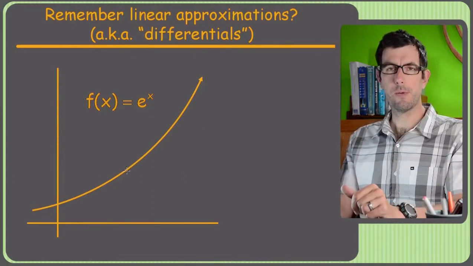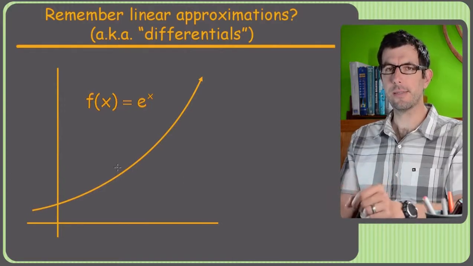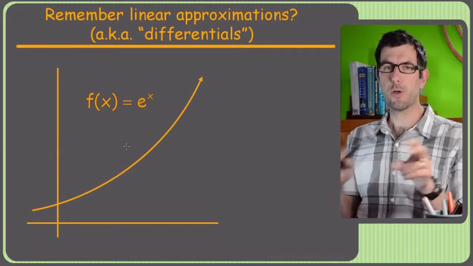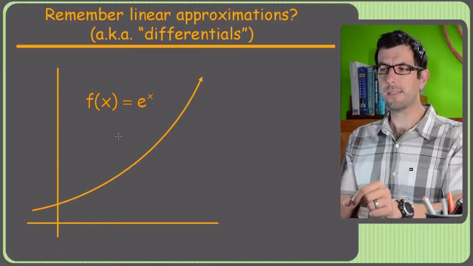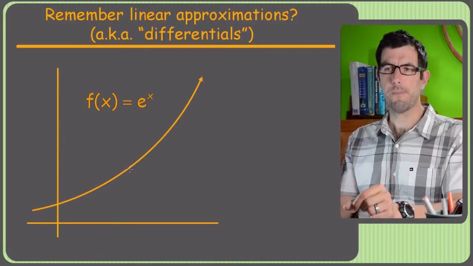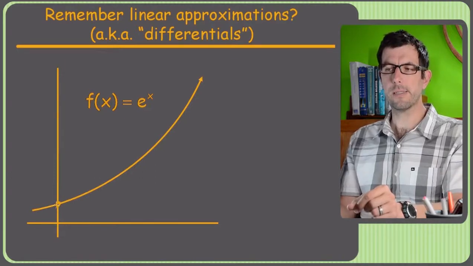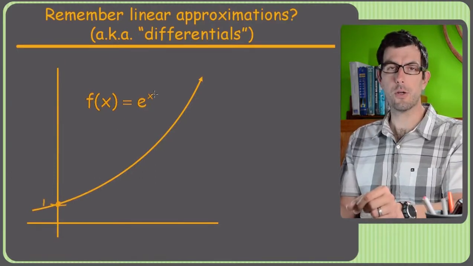I mentioned before, earlier in calculus, we used derivatives, and sometimes we called them differentials, to estimate values of functions. So let's say you knew that the exponential function, just e to the x, crosses the y-axis at 1, because e to the 0 is 1.